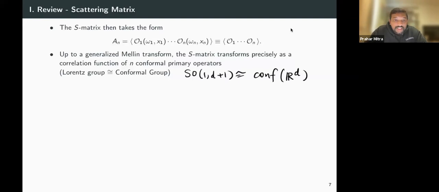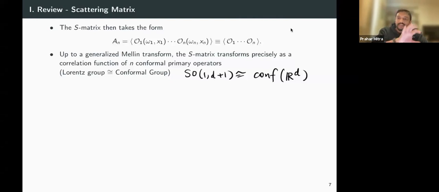So these two groups are completely isomorphic, and therefore we know the S matrix transforms in some way under the Lorentz group. Because of the isomorphism, if I can find a nice coordinate system, then I should be able to write everything in a way that makes the conformal symmetry manifest. And in holography, that's something you really want to do.